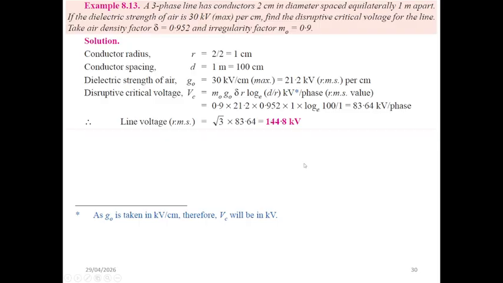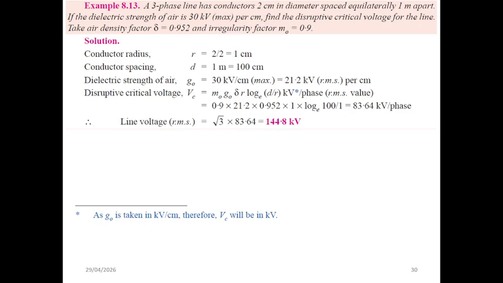By substituting the given values, the phase voltage at which corona starts is calculated as approximately 83.64 kilovolt. Finally, this phase voltage is converted to the line voltage using the three-phase relationship.